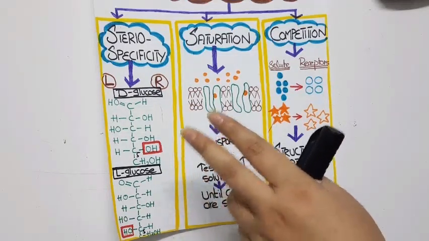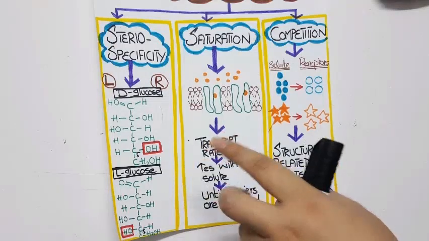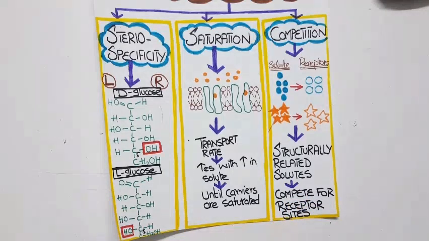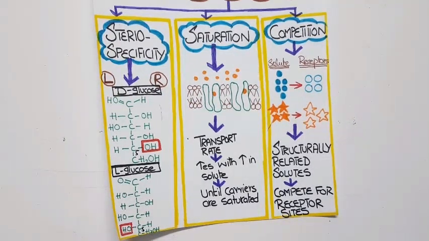Because it can differentiate between these two structures, because it is carrier mediated and every carrier is specific for each and every solute particle or molecule, whereas simple diffusion will not differentiate because there is no carrier, it is not specific. So this ability or property of differentiating between the stereoisomers is called stereospecificity.